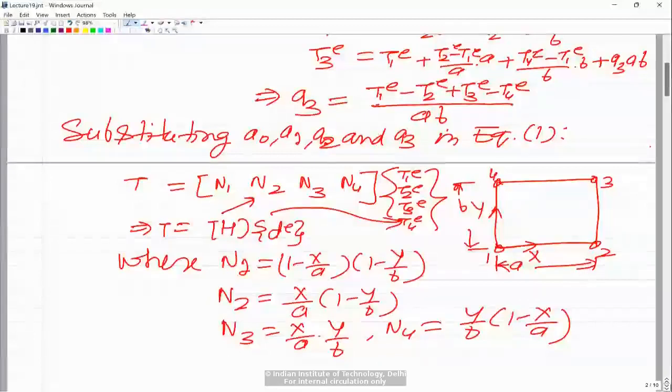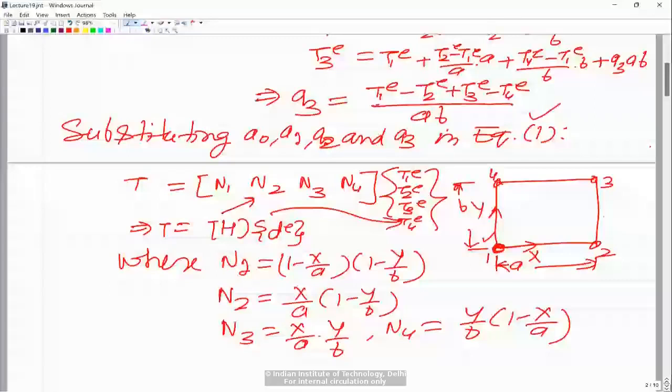To write the shape function corresponding to node 1, of course it comes from substituting a0, a1, a2, a3 in equation 1 and then collecting the coefficients of t1, t2, t3, t4, but it can be written directly. When you are writing the shape function corresponding to node 1, you take the equations of the lines covering the other nodes and leaving node 1. The other nodes are 2, 3 and 4.